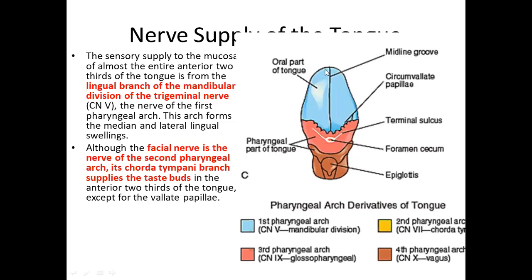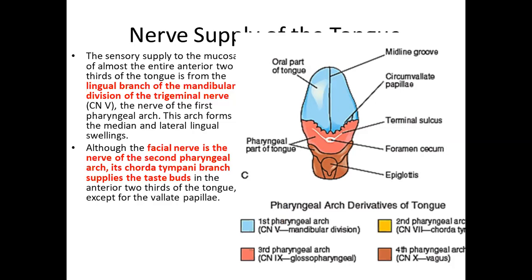Over here you can have a better look. This one is the anterior two-third, contributed by the mandibular division, the lingual branch. The second arch disappears because the copula is overgrown by the third and the fourth pharyngeal arches. The chorda tympani is only supplying the fungiform taste buds, since foliate papillae are absent in human beings, and the vallate papilla is supplied by the glossopharyngeal nerve. Filiform papillae do not have any taste buds.